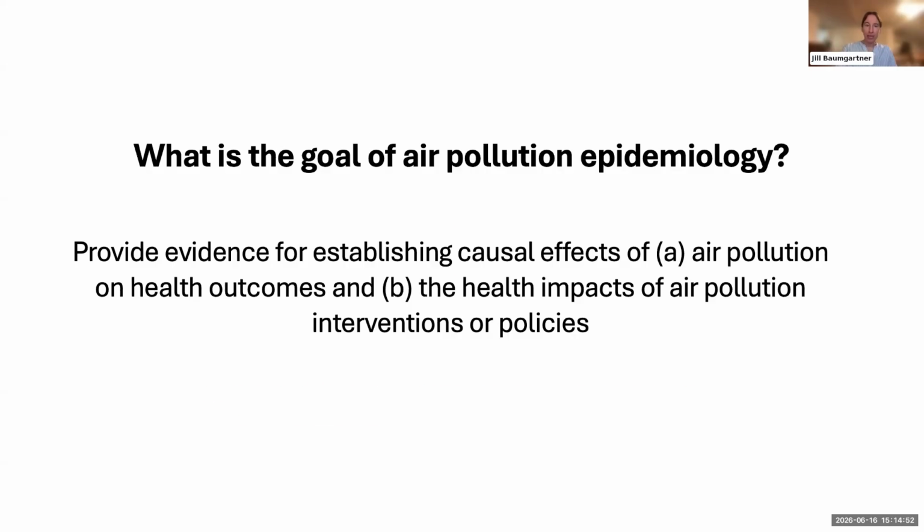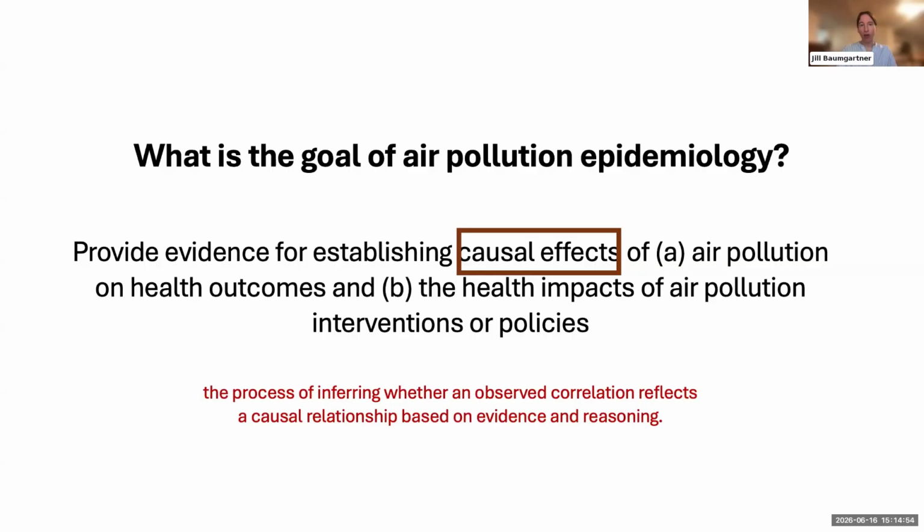The key thing here is this causal effects piece, right? When I'm talking about causal effects, this is a process of inferring, and I'll talk a little in this talk about what I mean by that, whether an observed correlation in your data reflects a causal relationship based on both evidence and reasoning.